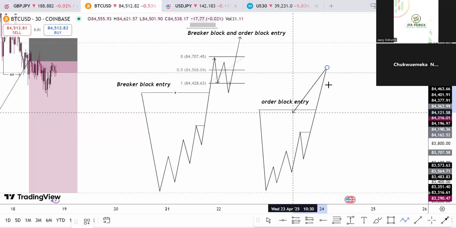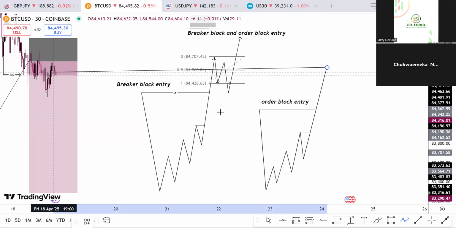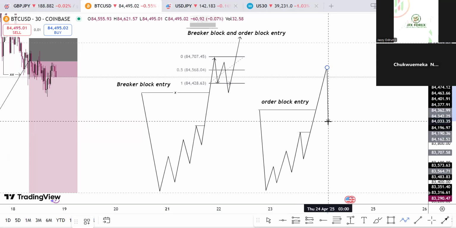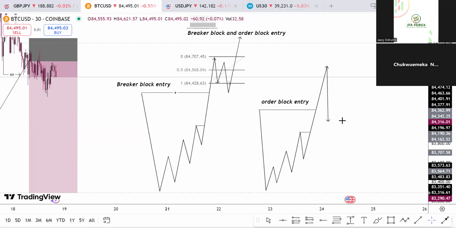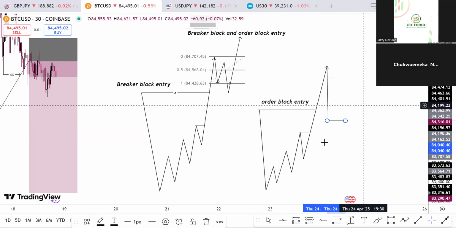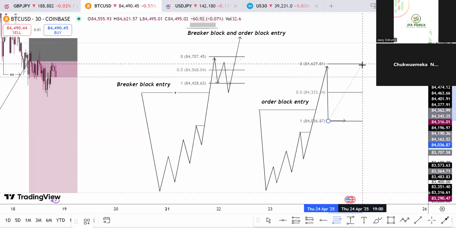This breaker block mitigates it like this. Then once the market mitigates it, this is the area where the inducement stopped. That's the inducement liquidity, that's where it lays down. Then we measure it again from that particular point to your previous high.